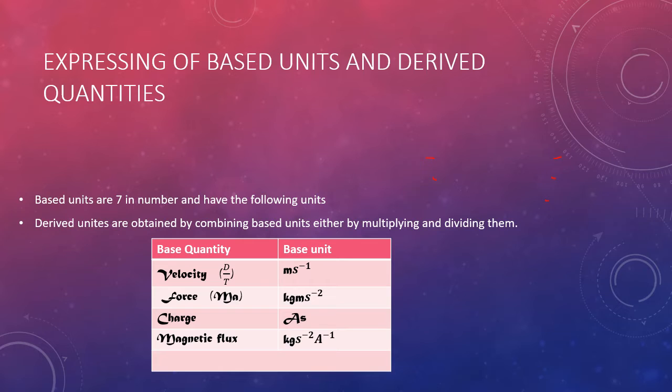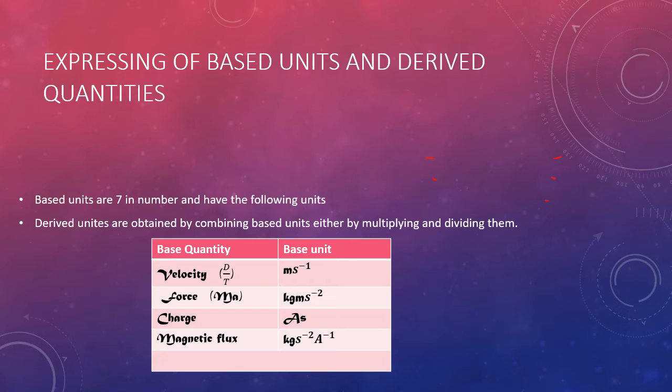Now force is given as F equals ma from Newton's second law. Here m is the mass and has units kilograms. a is the acceleration, where acceleration is defined as the rate of change of velocity. Hence we have kilograms representing the mass, meters per second squared representing the acceleration.